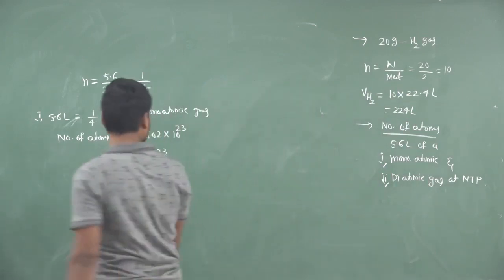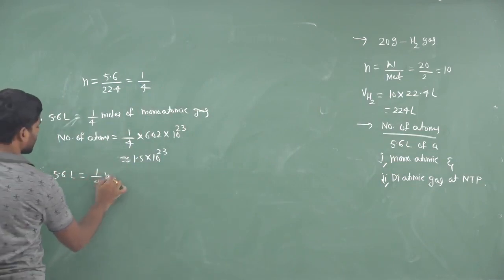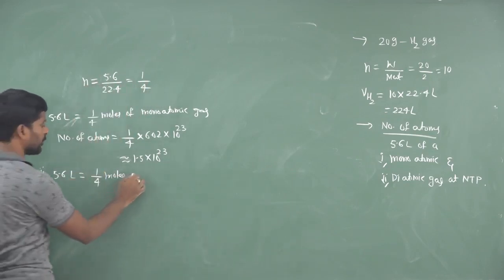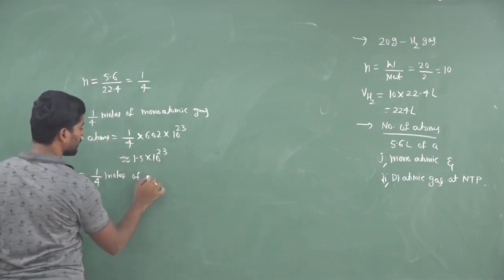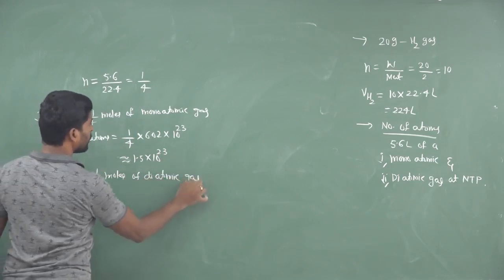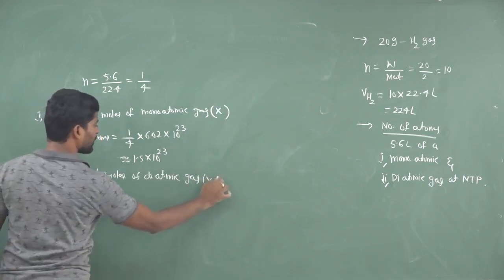What about for diatomic gas? 5.6 liters contains how many moles of gas? 1 by 4 moles. So now in this case 1 by 4 moles of which gas is present? Diatomic gas. For example, monoatomic gas means X. Diatomic gas means X2.